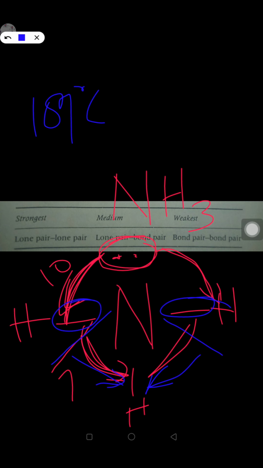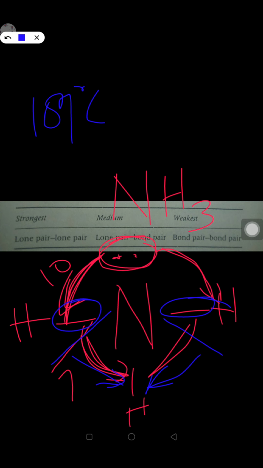So we can call it a distorted tetrahedron at times. There are other names that may be given to it, but it's a distorted tetrahedron. I believe that's simple enough.